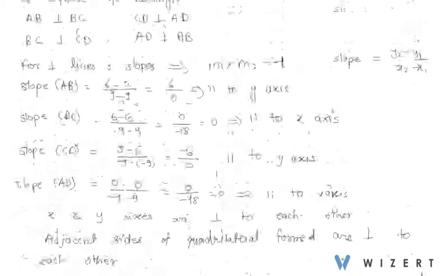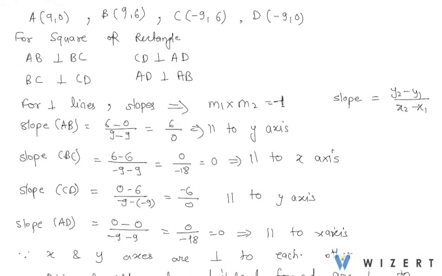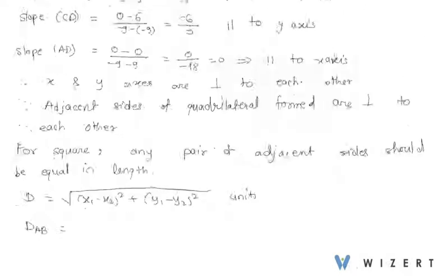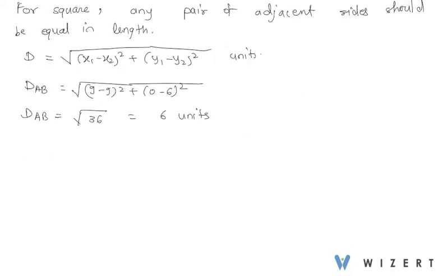Here x1 is 9 and x2 is 9, y1 is 0 and y2 is 6. So it is the square root of (9 minus 9) squared plus (0 minus 6) squared, which is the square root of 36, which is 6 units. Since distance cannot be negative, we take only the positive value. So the distance of AB is 6 units.